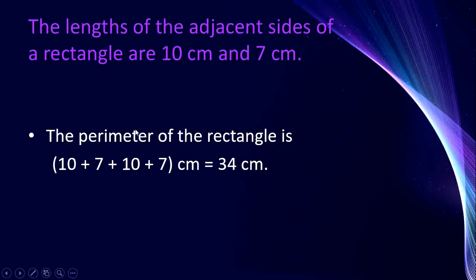The perimeter of the rectangle will be 10 plus 7 plus 10 again and plus 7 again. That is what I have written over here, 10 plus 7 plus 10 plus 7 centimeter, which gives us 34 centimeter.